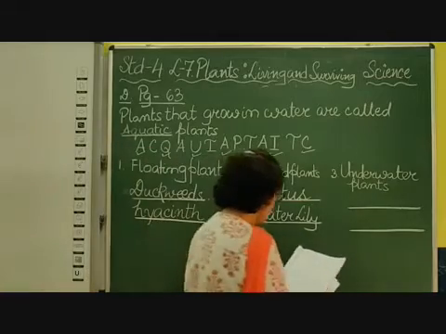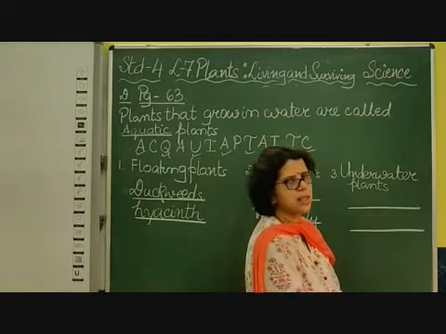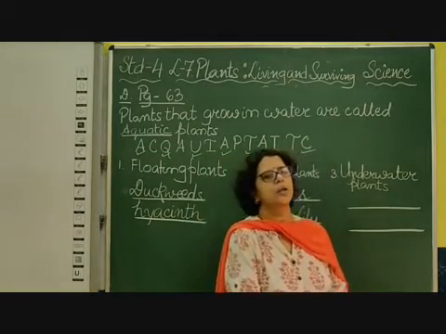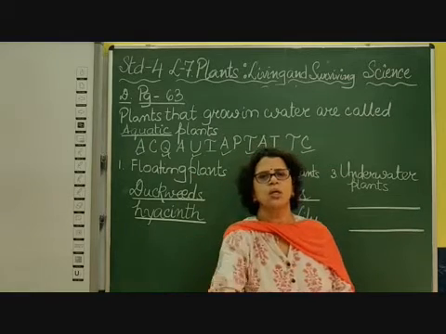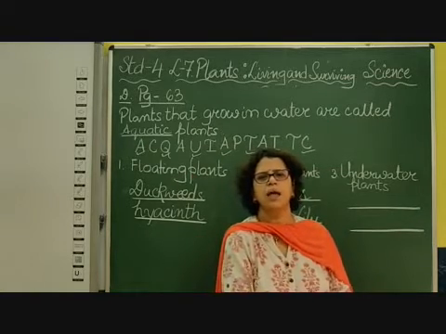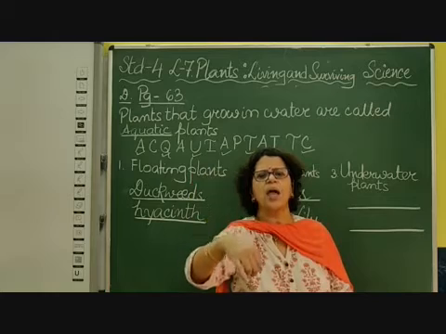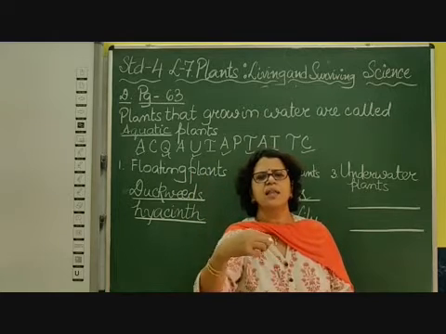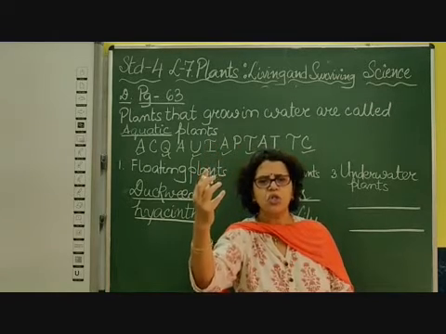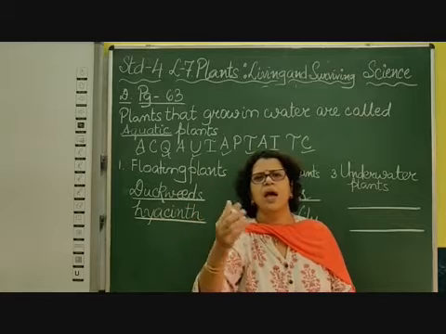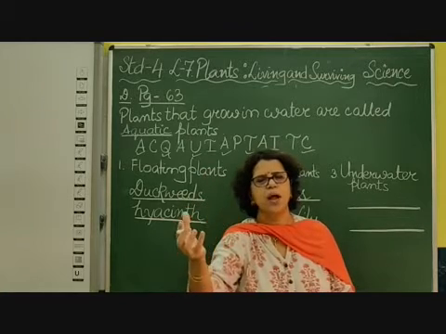Coming to the last one, the underwater plants that we studied, they come in bunches from the roots, and they have very thin, narrow, ribbon-like leaves, and they mostly grow in bunches, and they have no stomata.